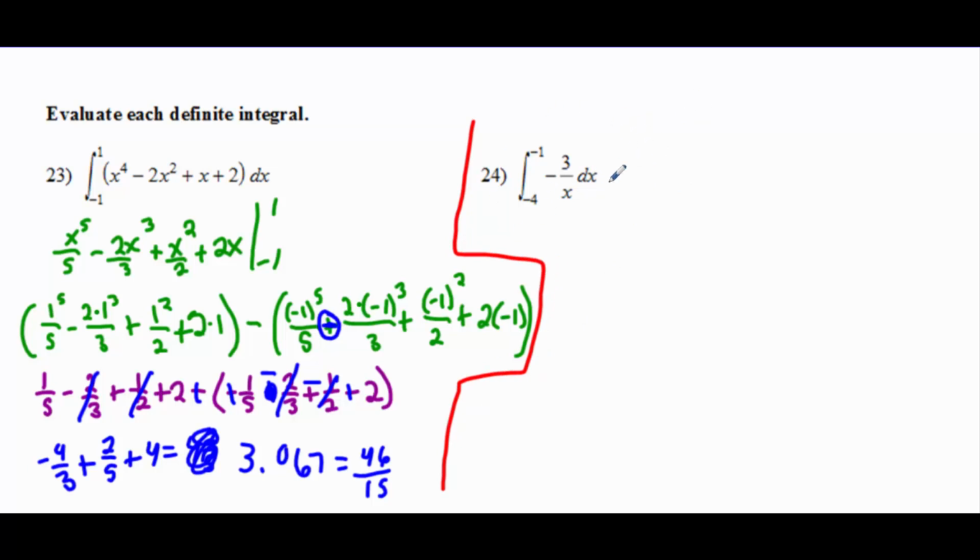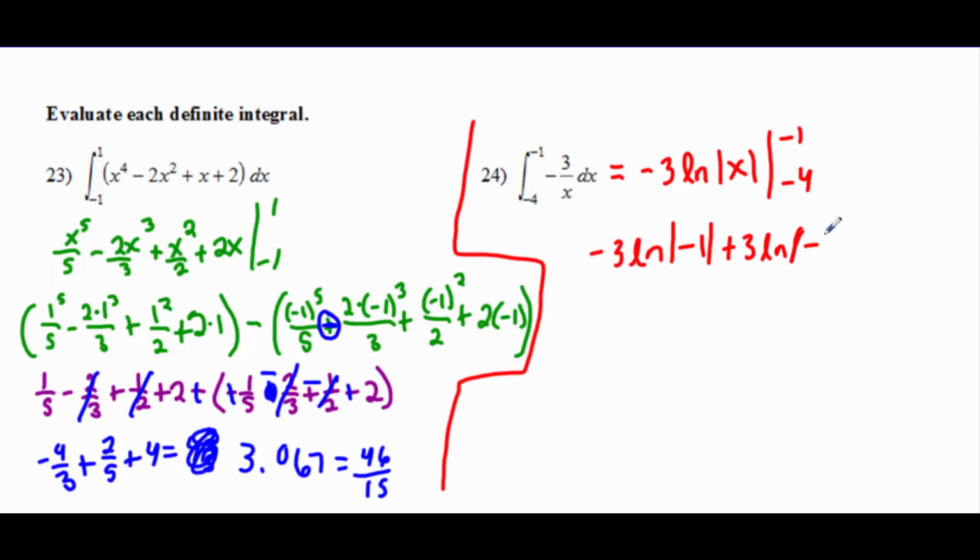So 24, -3/x, that's a natural log. So -3 natural log of the absolute value of x. We're going to plug in -1 and -4. So this is -3 natural log of the absolute value of -1 minus a -3 natural log of the absolute value of -4.